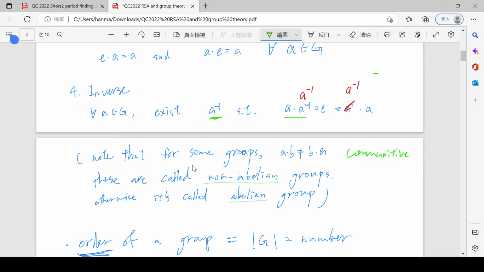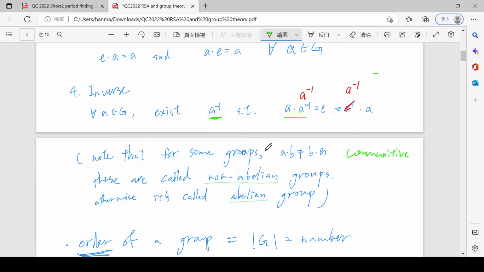For integers, a times b will equal b times a. But if those are two matrices, then a times b is not equal to b times a. So for the general definition of a group, this multiplication is not necessarily commutative.